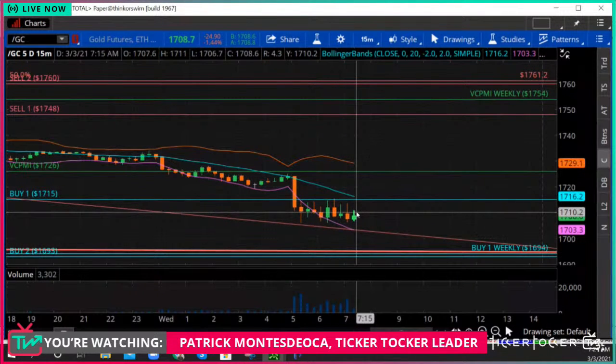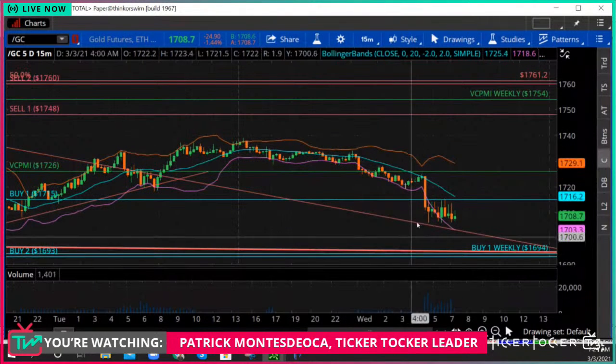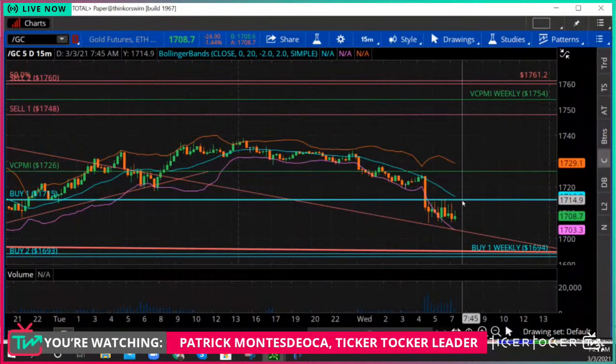So we wait, we see the market trade back and forth. And the trigger is the close above 1715, which is the buy one pivot level for today.